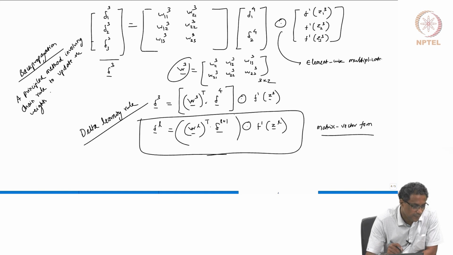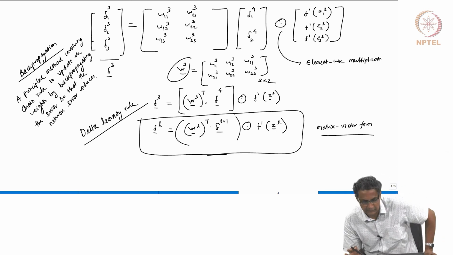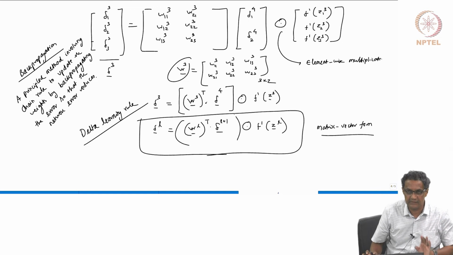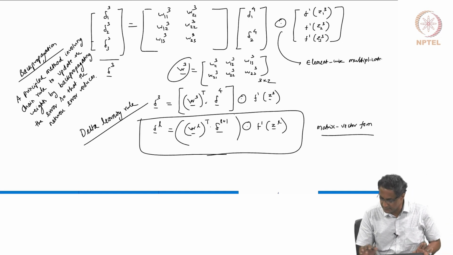To update the weights by back propagating the error, so that the network error reduces. This in a sense is the kind of summary of what back propagation is all about, and how you implement it is what we have seen.